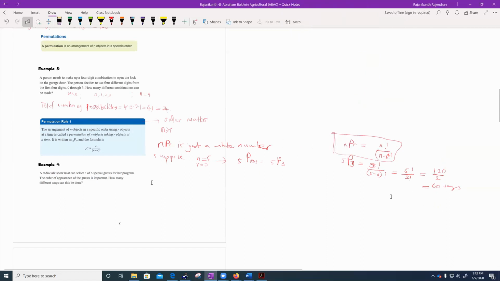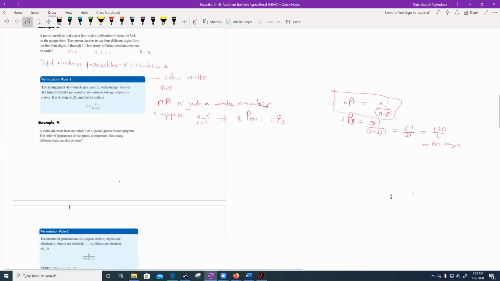Okay, the next one. A radio talk show host can select 3 of 6 special guests for her program. The order of appearance is important now. She wants to choose 3 at a time and put them in order.